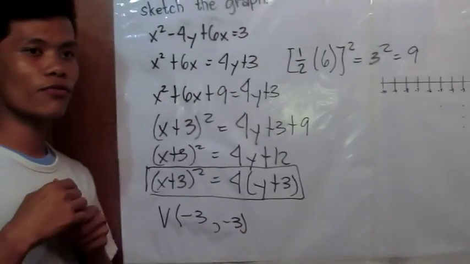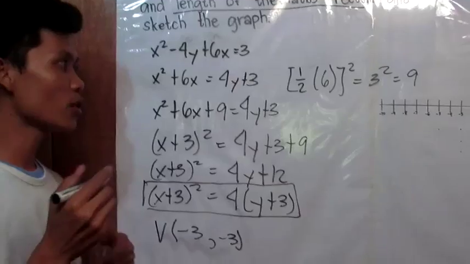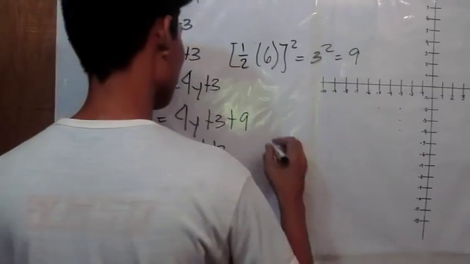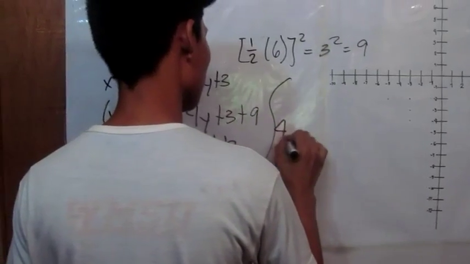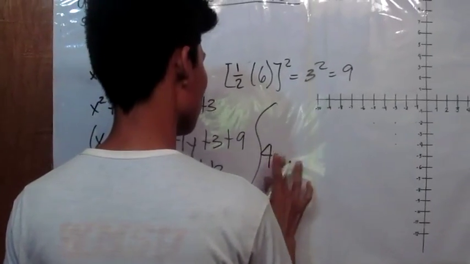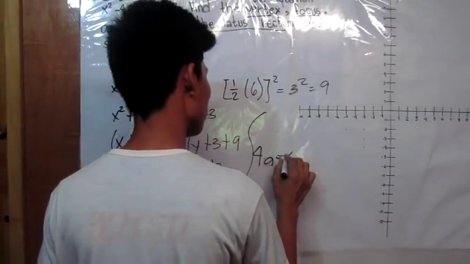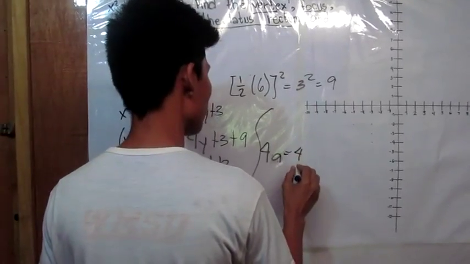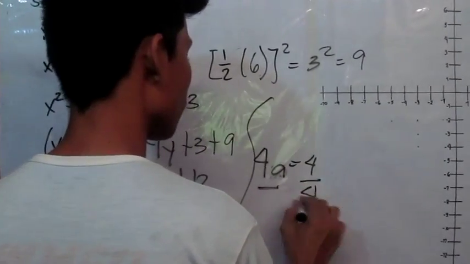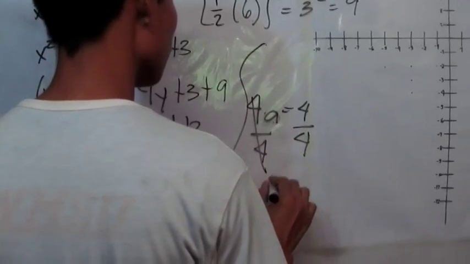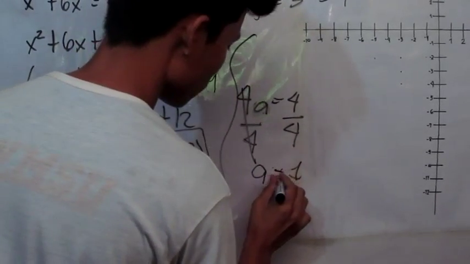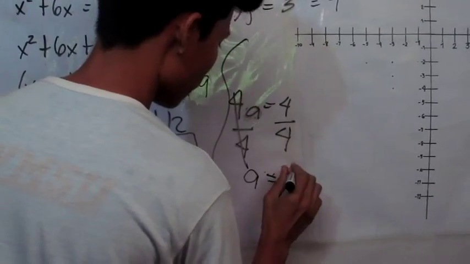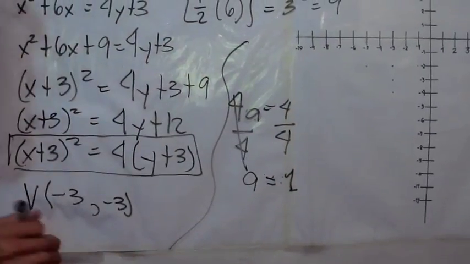Then we're going to solve for the value of a using the formula: 4a equals 4. And then we're going to divide by 4, then cancel. So the value of a is equal to 1.